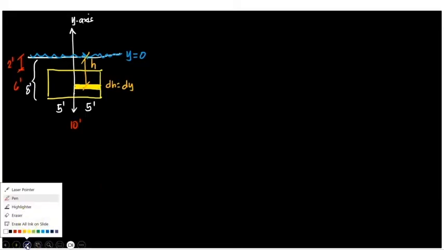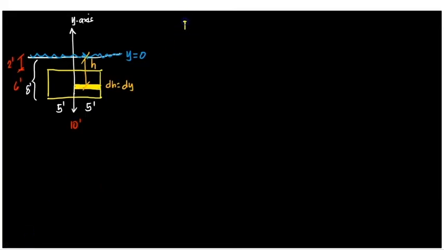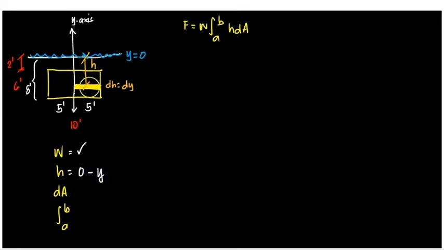So again, with the formula, F is equal to, let's bring out the constant W, H, dA, and then the limits A and B. For W, we already know that that's constant. For H, we start from the surface of the liquid. It so happened that in here, it's 0, so that's 0, minus, it ends at any y value where the element is at.